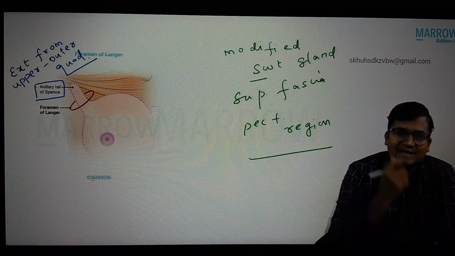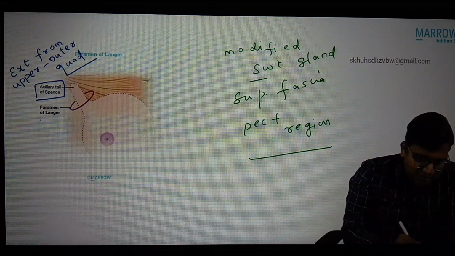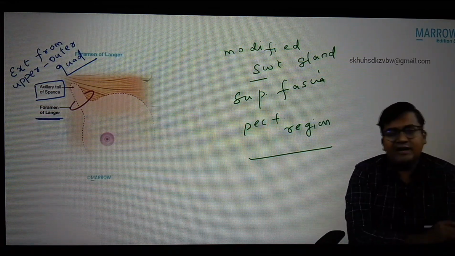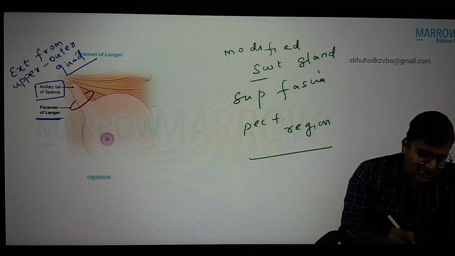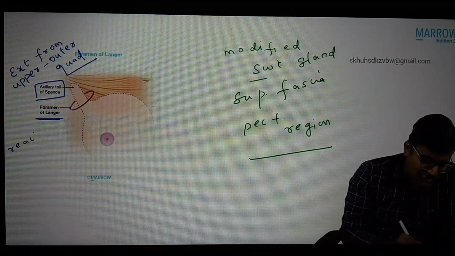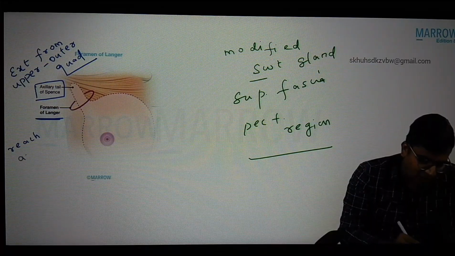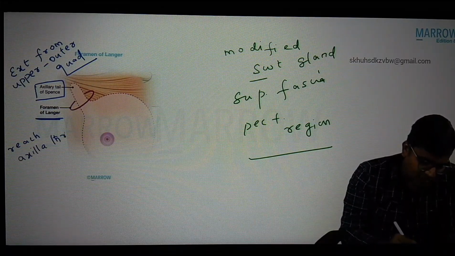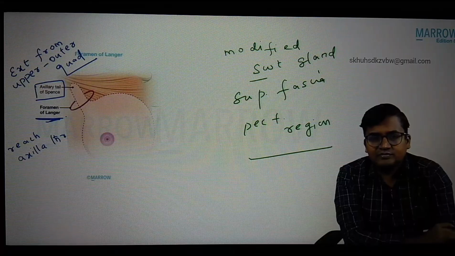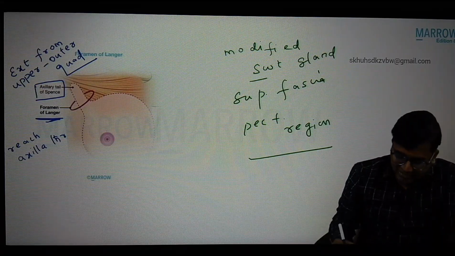Because it goes to the axilla through one foramen. Which foramen? The foramen of Langer. So the axillary tail of Spence reaches the axilla through the foramen of Langer.